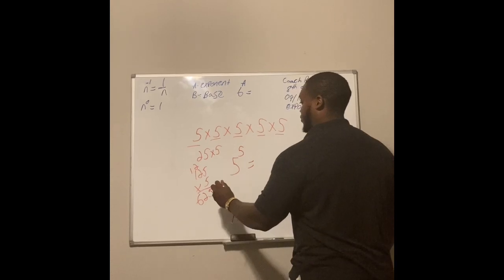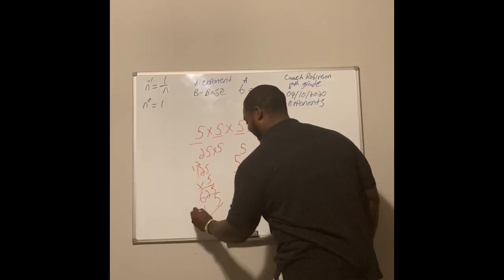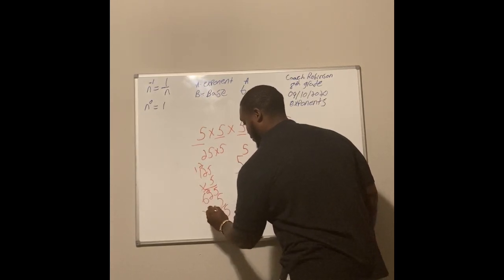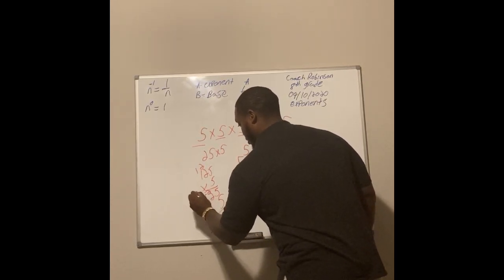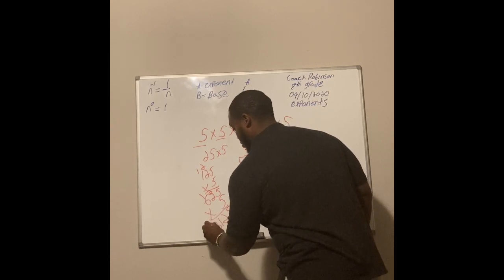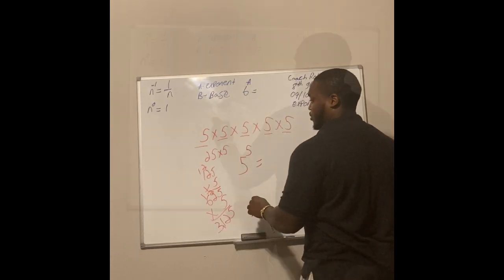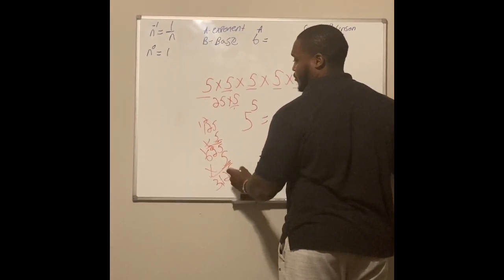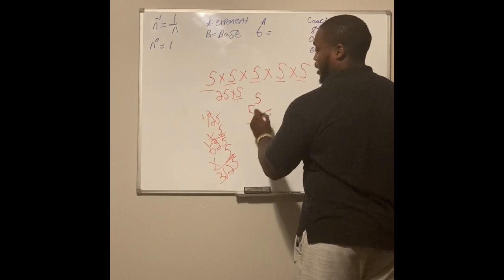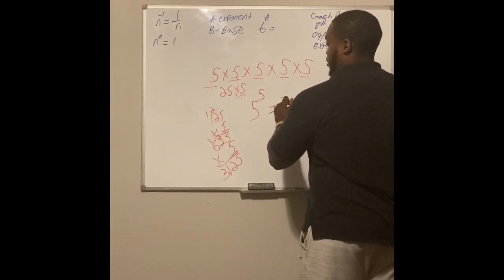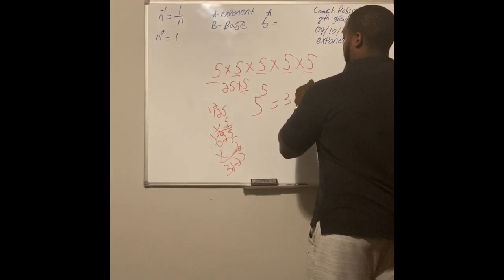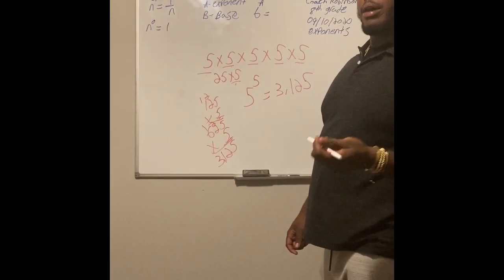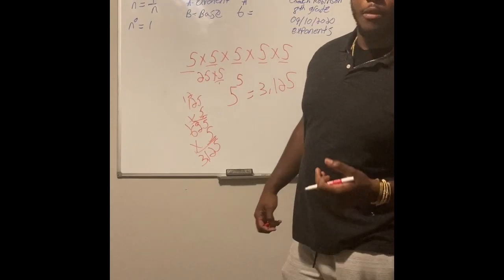And then 625 times 5. 5, carry the 2. 2 times 5 is 10, 12 plus 1, 3,125. 1, 2, 3, 4, 5. So 5 to the 5th power is 3,125. So this concludes the mathematical curriculum for 8th grade.